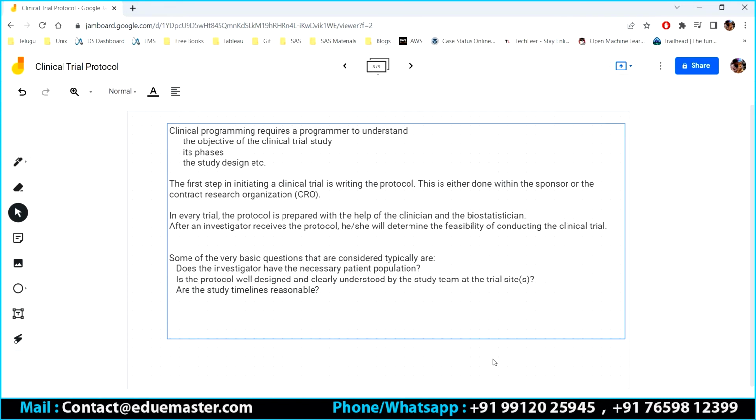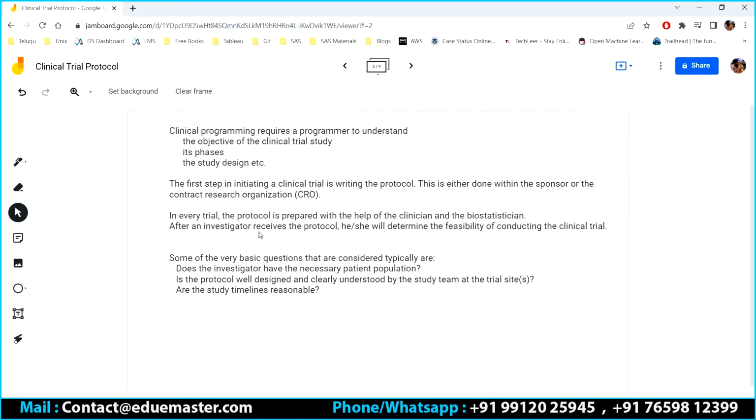Now the third question is, the government is saying that I want this to be completed in 3 months. But the timelines are not reasonable now. These are not realistic. For sure I cannot complete this within 3 months. So I definitely need additional time.